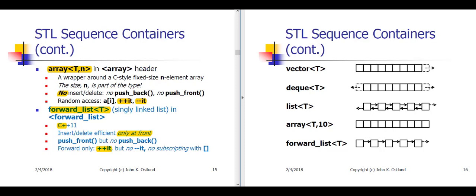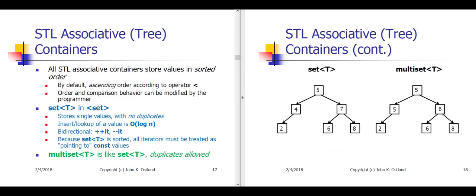A list makes it very convenient to traverse forward and backward and to insert and delete things anywhere. An array is extremely efficient in terms of accessing a sequence of elements in contiguous memory, but where you have no flexibility at all over changing the size of the array. And then finally, a forward list only makes it cheap to do insertions and deletions at the beginning. So that's the sequence containers.